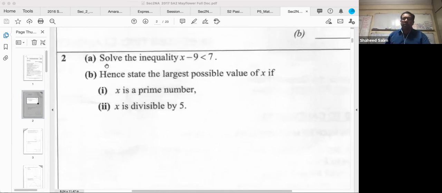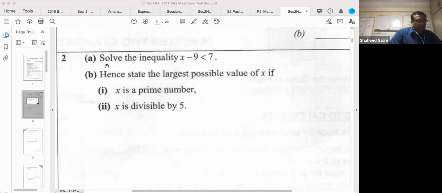Okay. Can you solve this inequality? Okay, imagine it's an equal sign.